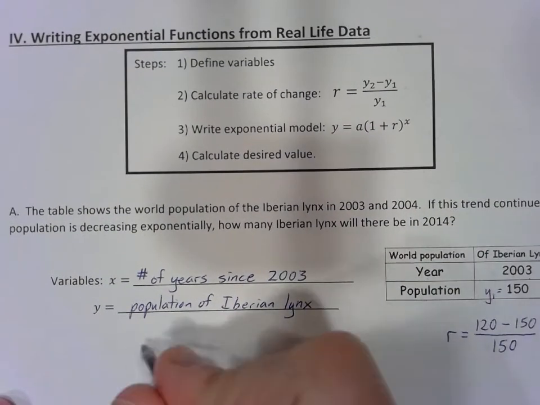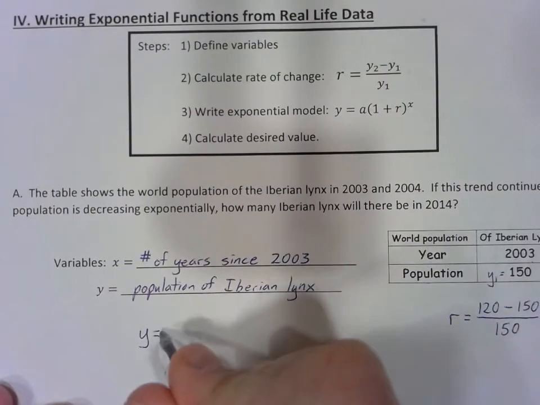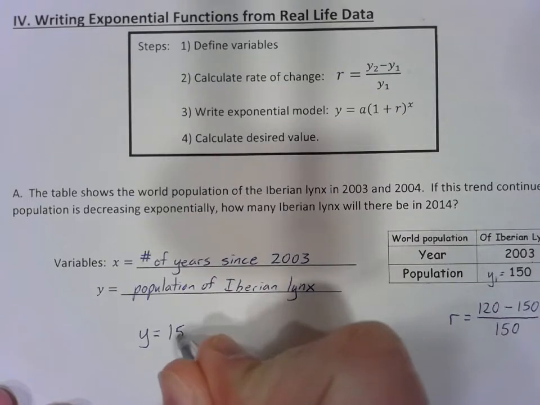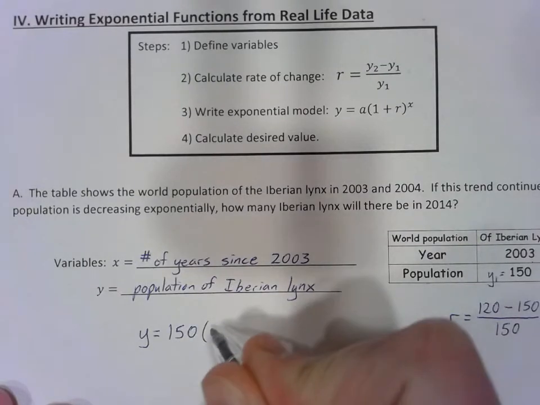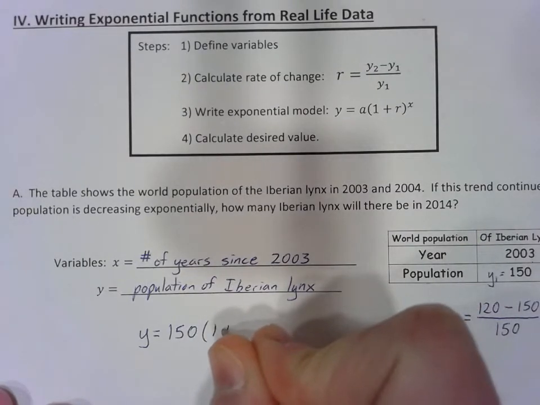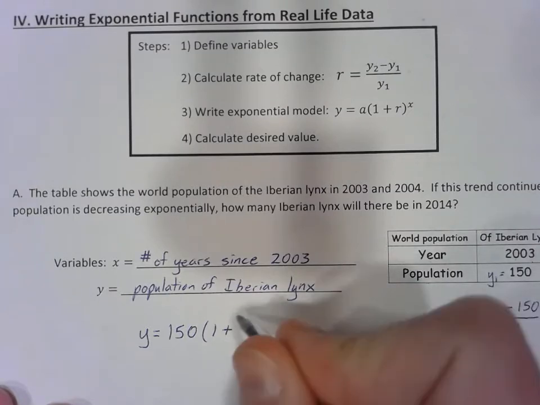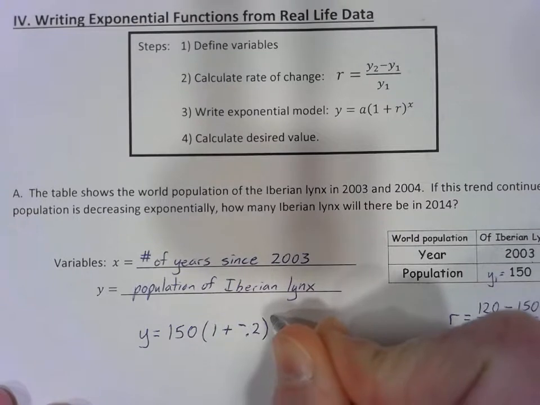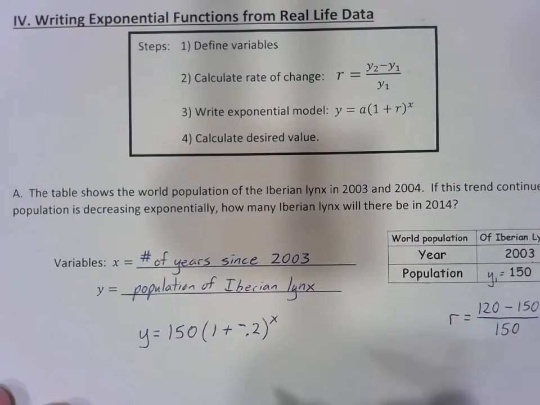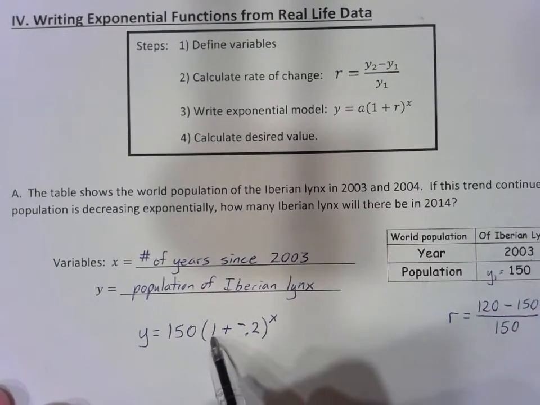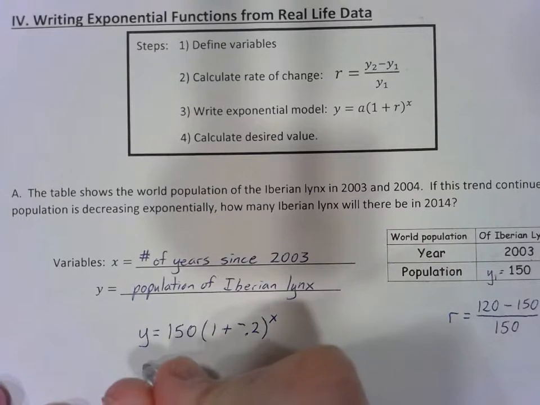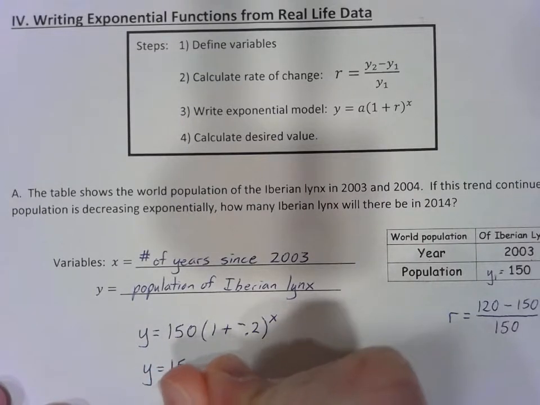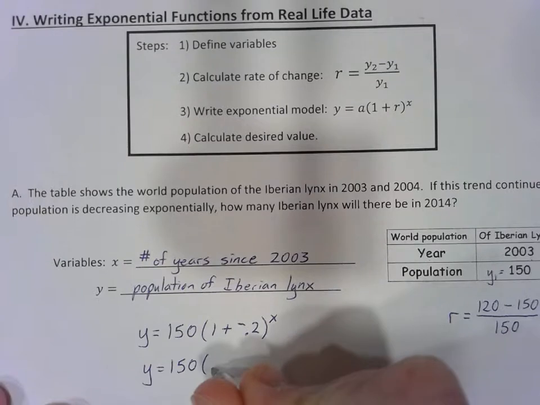So the equation is going to be y equals 150 times 1 plus negative 0.2 to the x power. 1 plus negative 0.2 is going to make 0.8.